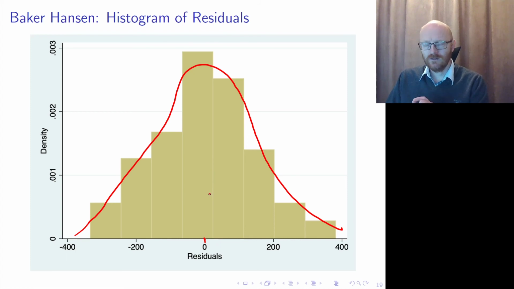So if you make a prediction, then what you can't predict is drawn from this distribution, right?